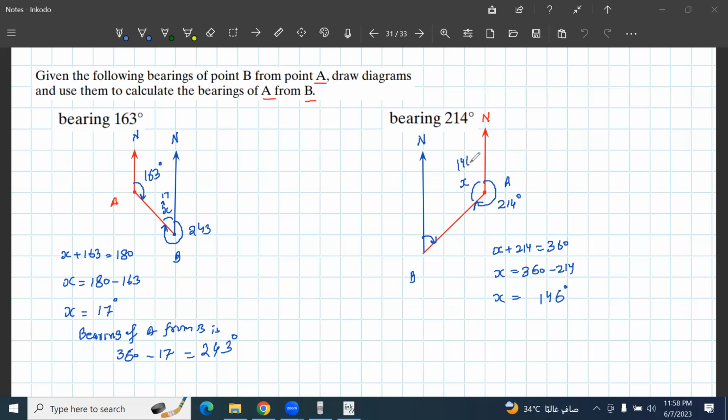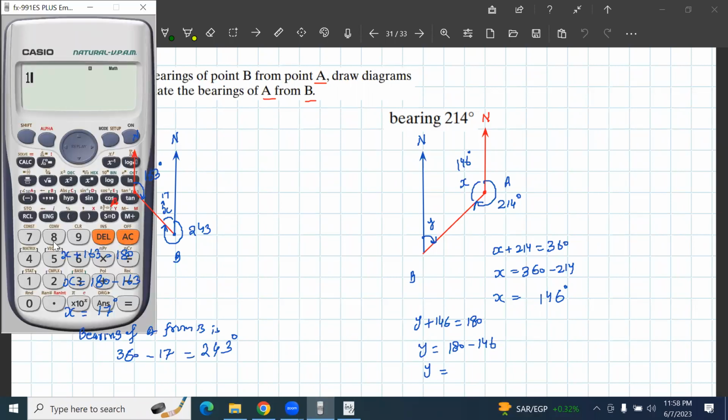This is 146 degrees. Now, the interior angle sum: let's suppose this is y. We are looking for y. So y plus 146 equals 180, because they are supplementary angles. So y is equal to 180 minus 146. You can check in the calculator also.